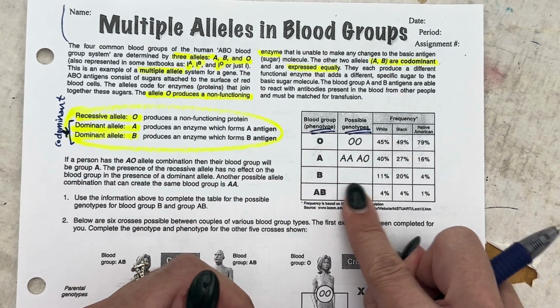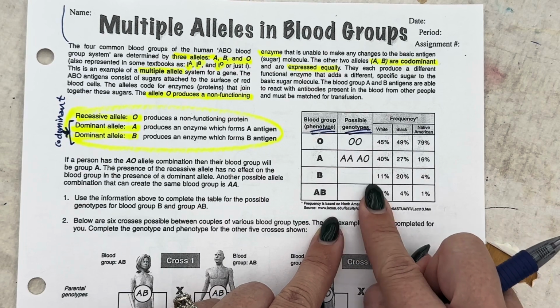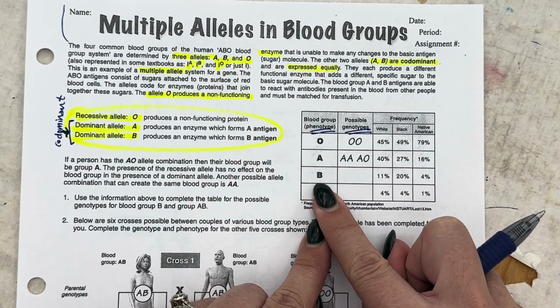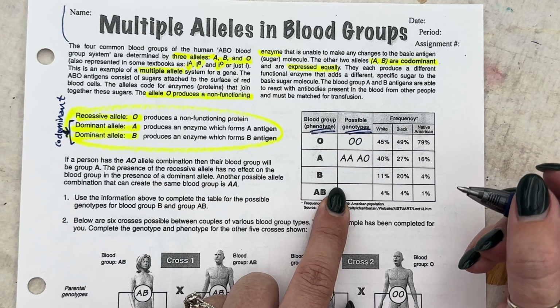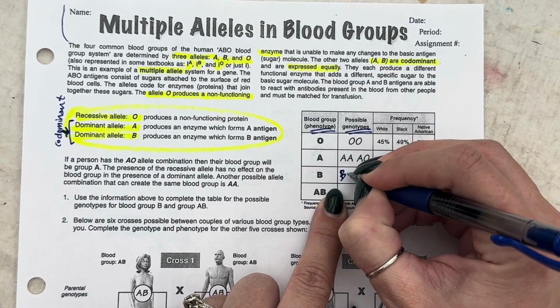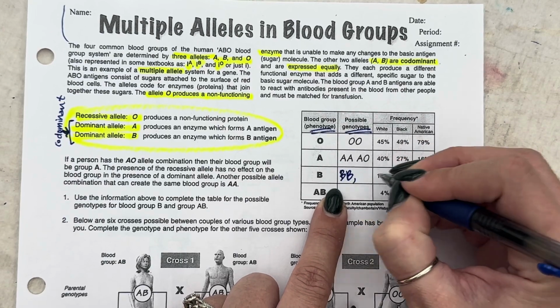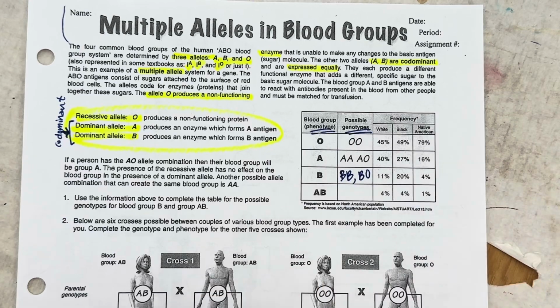So think about, considering this information, how many genotypes are possible for having a B blood type? Go ahead and write them out here. There are two different genotypes possible. We could inherit a B allele from each, or maybe we inherit a B and then a recessive allele O.